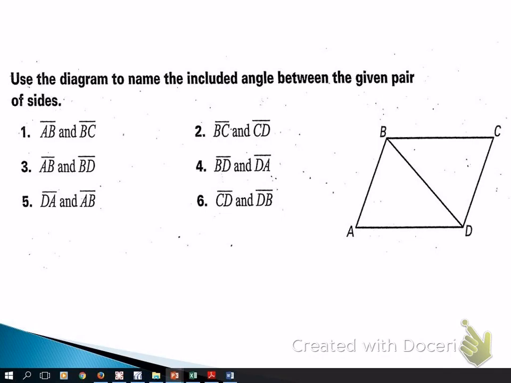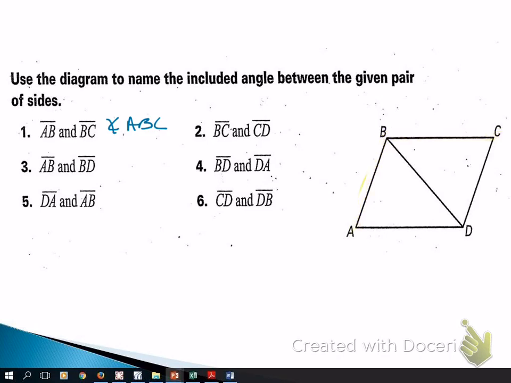So we need to make sure that we're picking out the right angles to prove congruent if we want to use our shortcut that we saw there, SAS. Okay? So if my two side lengths that I'm working with are AB and BC, then the included angle would be the angle in between those two sides, or the angle created by those two segments. And that angle is angle ABC.